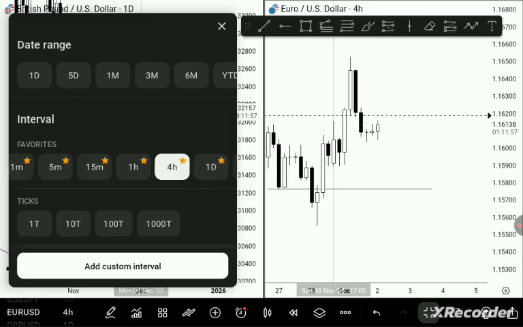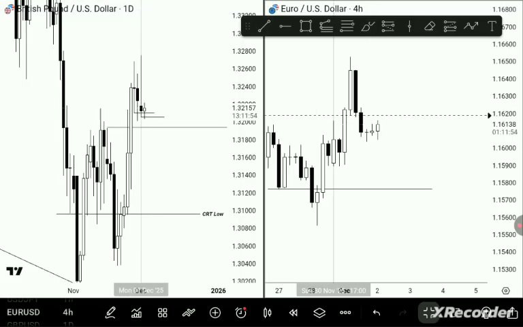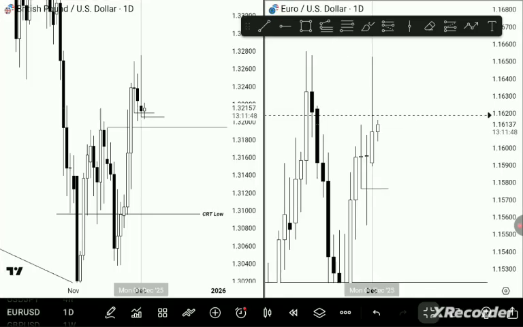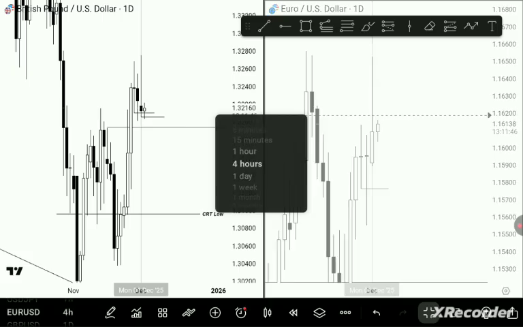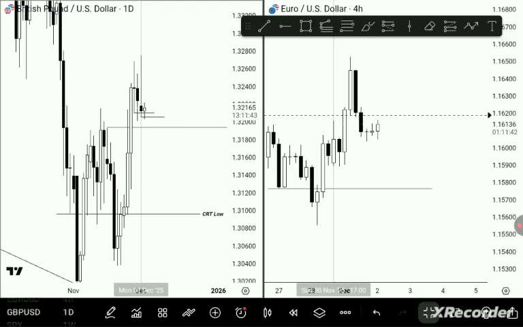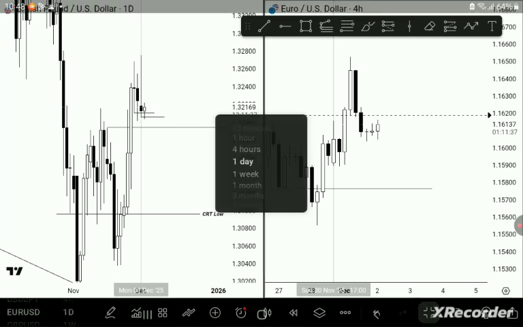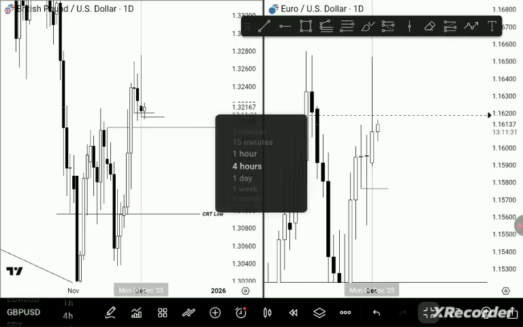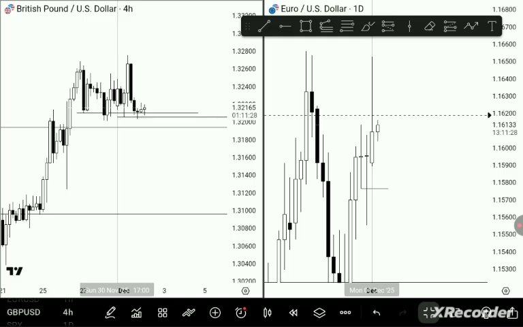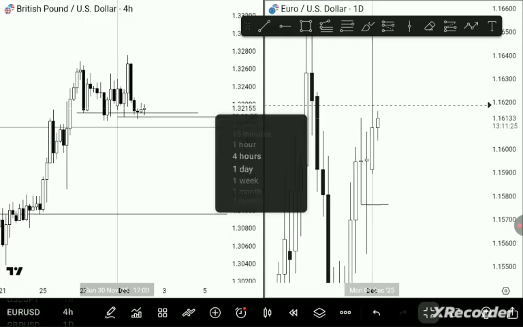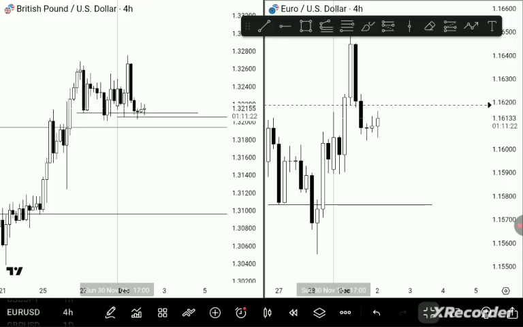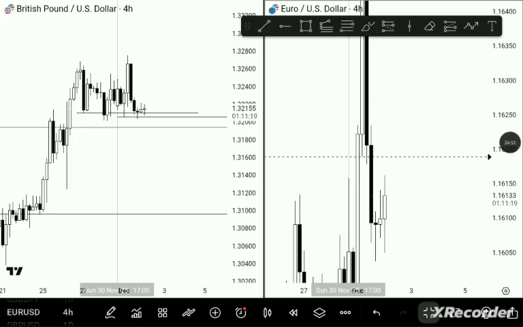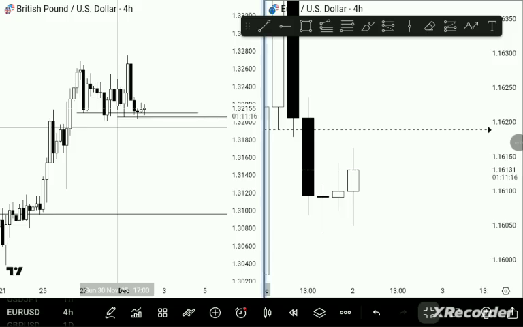I went down with that to the 4 hour, where you would look for context. Context is when you're looking for an execution framework, and trying to identify if the conditions are conducive for an execution. So then we had to move on to the 4 hour, and on the 4 hour, this is the candle range that I later on speculated from.